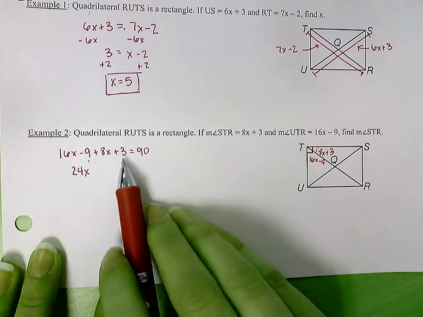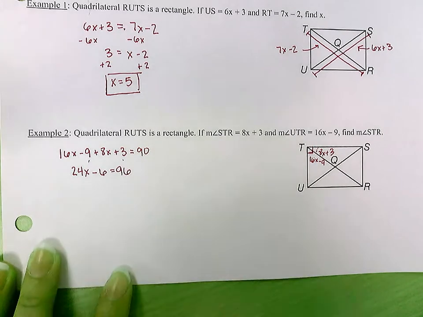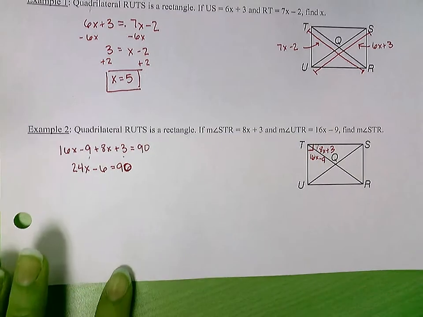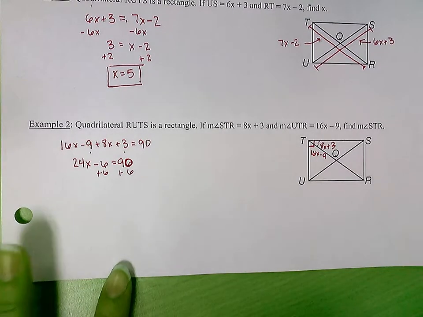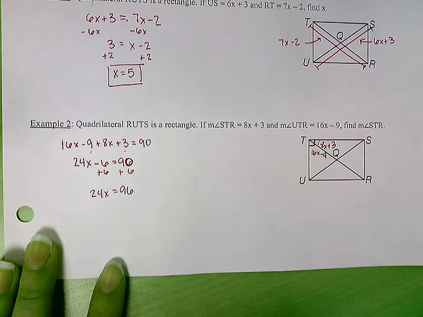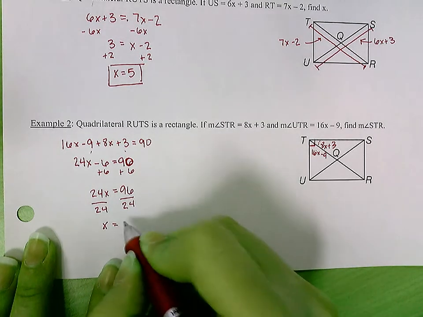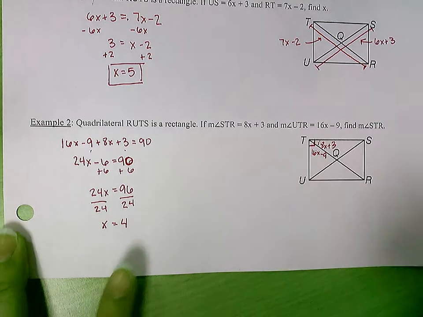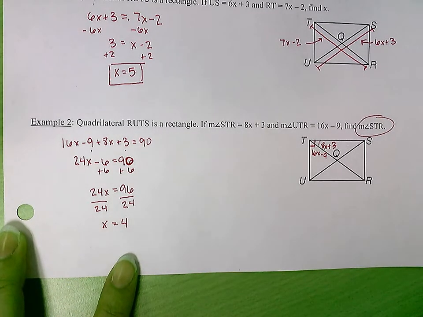And negative 9 plus 3 is minus 6, equal to 90. Add 6 to both sides, so we have 24x is equal to 96. Divide by 24. X is 4.